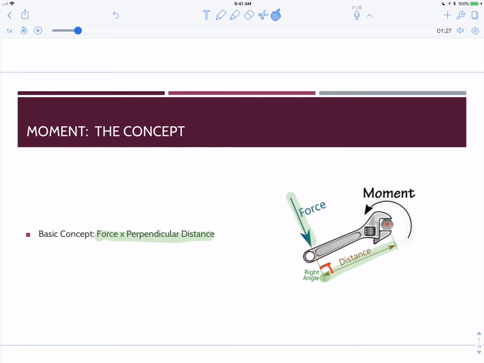The total moment of that force will be the force times the perpendicular distance. I said it was a vector, and so the vector has a direction. In this case, it'll be counterclockwise.